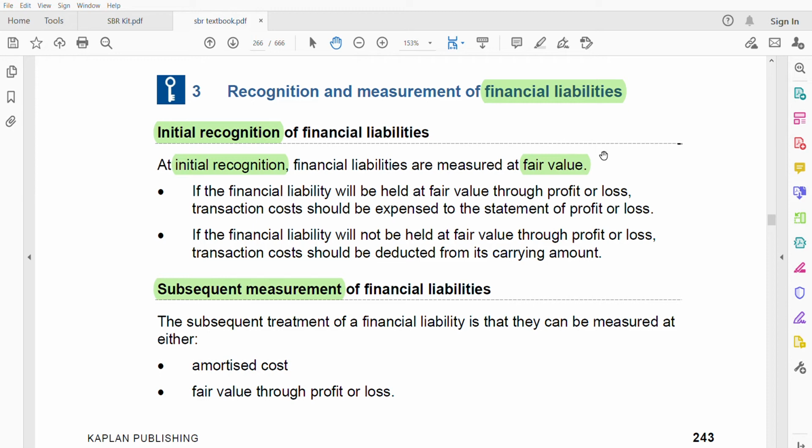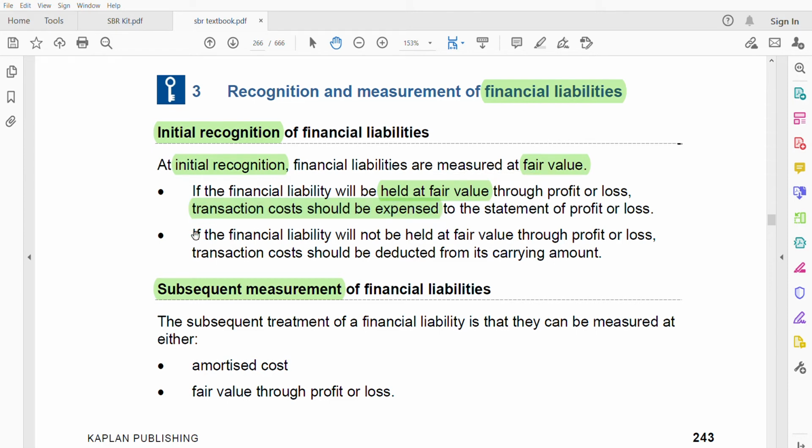Next, two things you have to remember: if it is held at fair value, and if it is not held at fair value. The first statement is, if the financial liability will be held at fair value through profit and loss, transaction costs should be expensed to the statement of profit or loss.